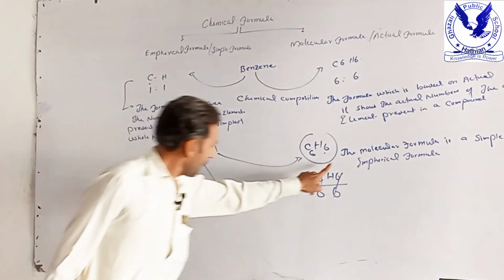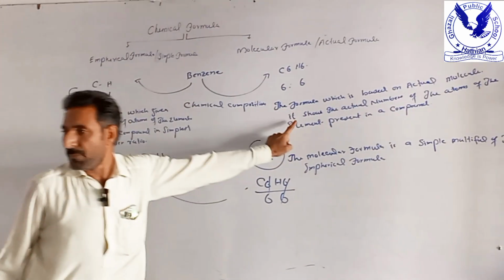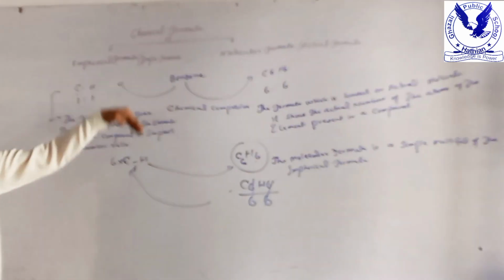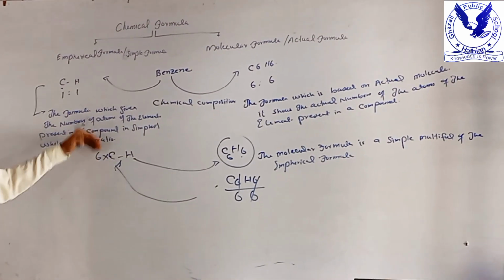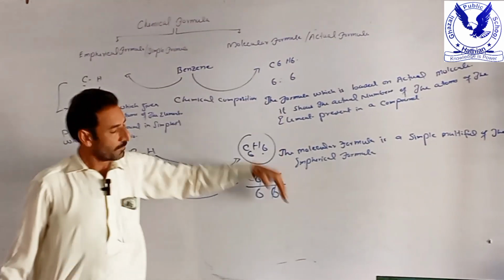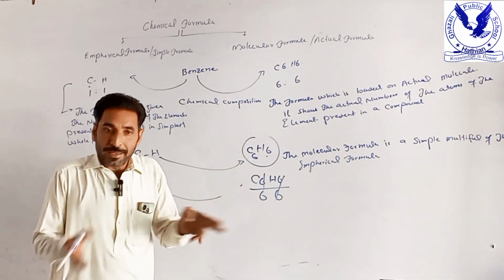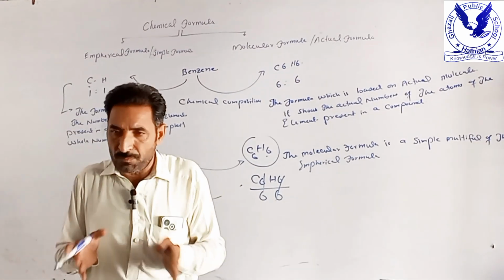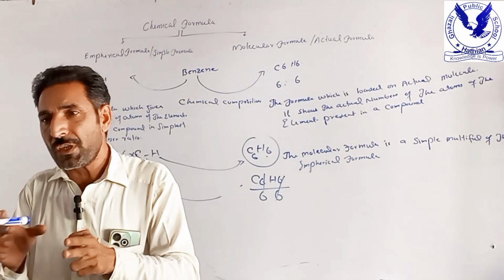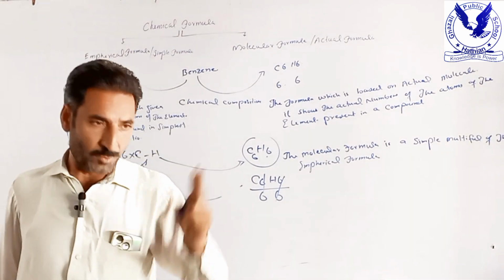The molecular formula is a simple multiple of the empirical formula of a compound, while the empirical formula is a divisor of the molecular formula of that compound. If the two formulas have this relationship, we can represent a compound by two formulas.